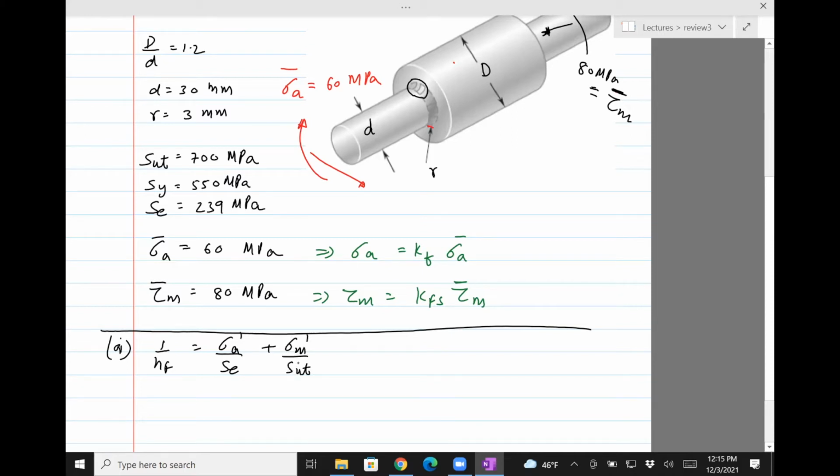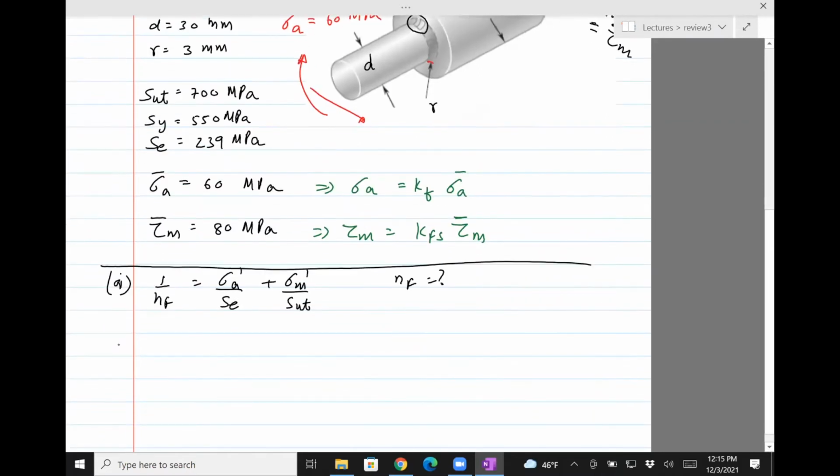I think that's right. We're asked to find NF. And then the second part, we're asked to find NY, which is SY divided by sigma max, where sigma max is sigma A prime plus sigma M prime.